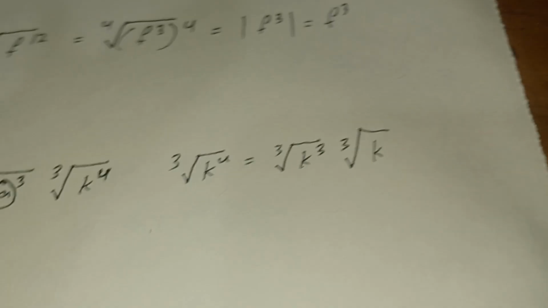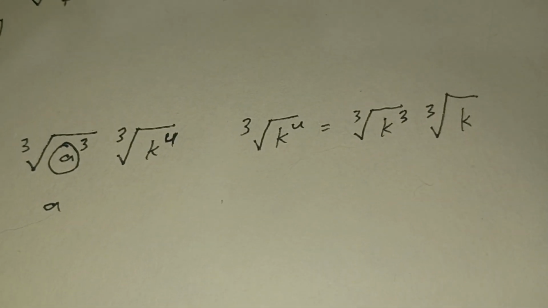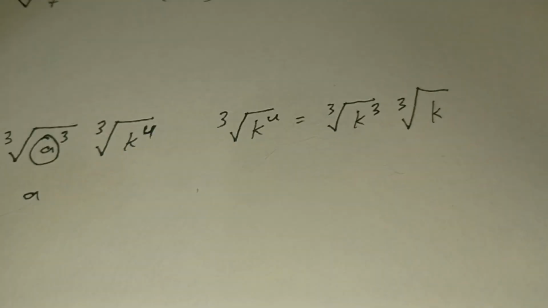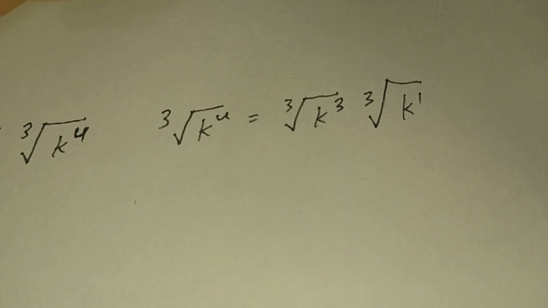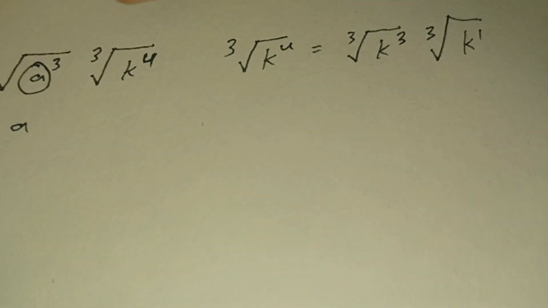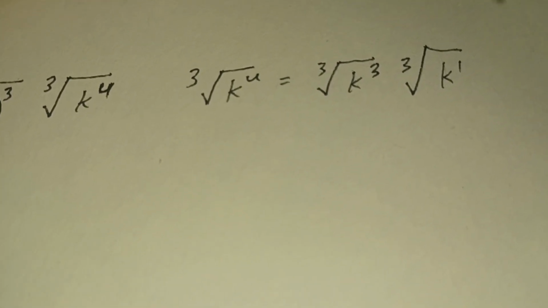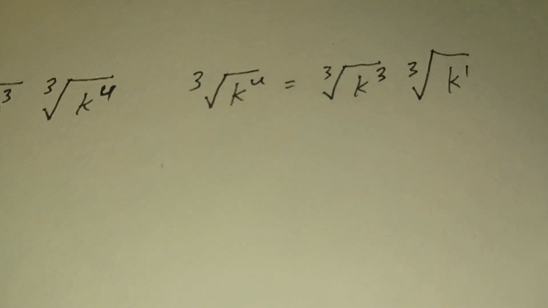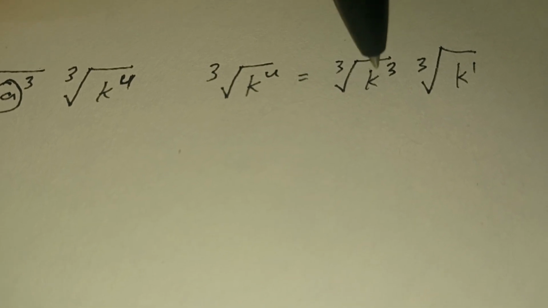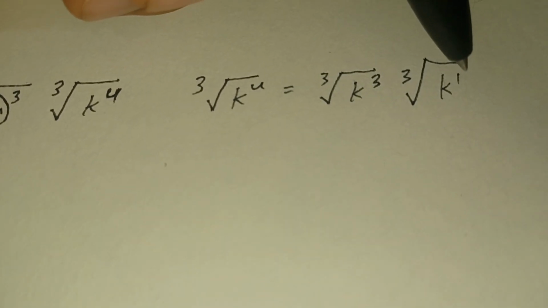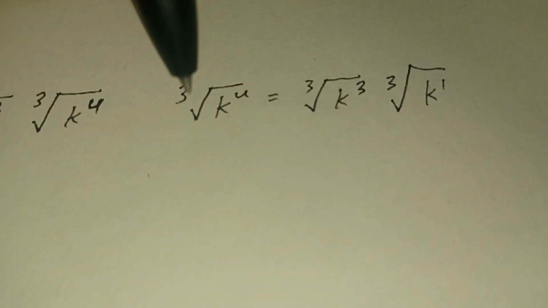There's just going to be a number 1 exponent here. You don't have to put it there, but I'm just going to put it. So what this means is that when we multiply these radicals, we have to add their exponents. So k to the third times k to the first power is going to be equal to k to the fourth. So this equals that.